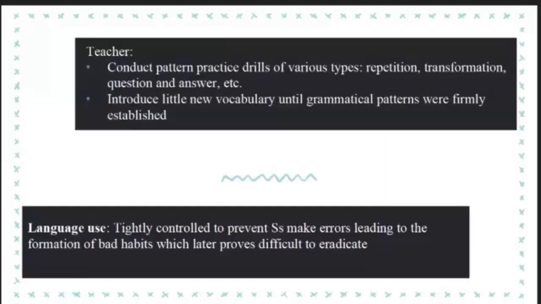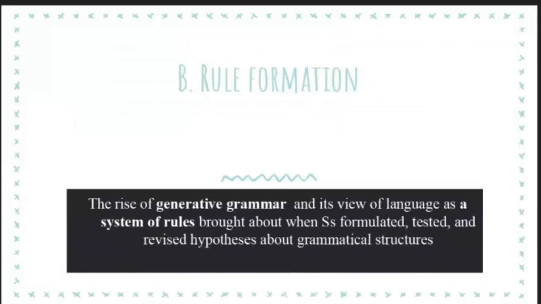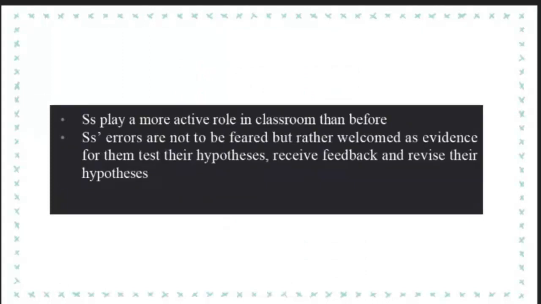With the rise of generative grammar and its system of rules, grammar learning was seen to take place through a process called rule formation. Students formulate rules, test them, revise their hypotheses, and receive feedback.